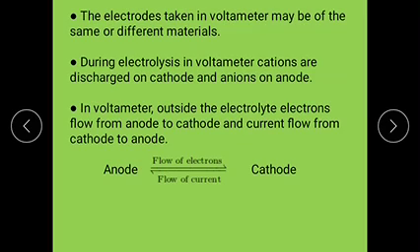During electrolysis, in a voltameter or electrolytic cell, cations are discharged at the cathode and anions are discharged at the anode. Outside the electrolyte, electrons flow from anode to cathode. The current flows from cathode to anode.